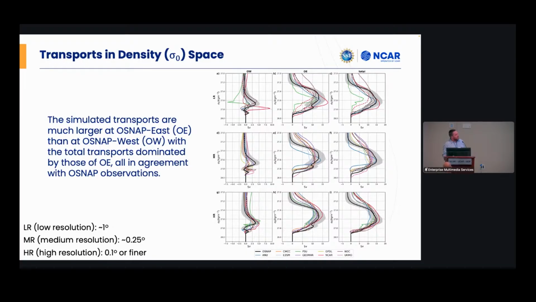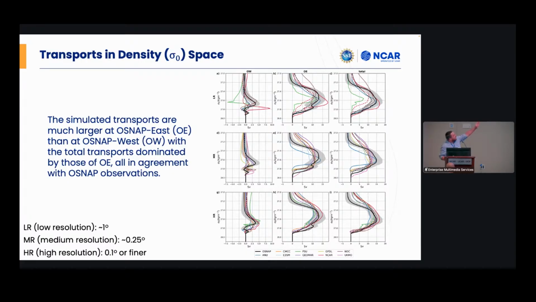So quickly, now looking at the transport across OSNAP from all those models, I split them into the top row for the low resolution, the middle for medium resolution, which is all the 1/4 degree resolution, and the bottom row for all the high res, typically 1/10 of a degree and finer.